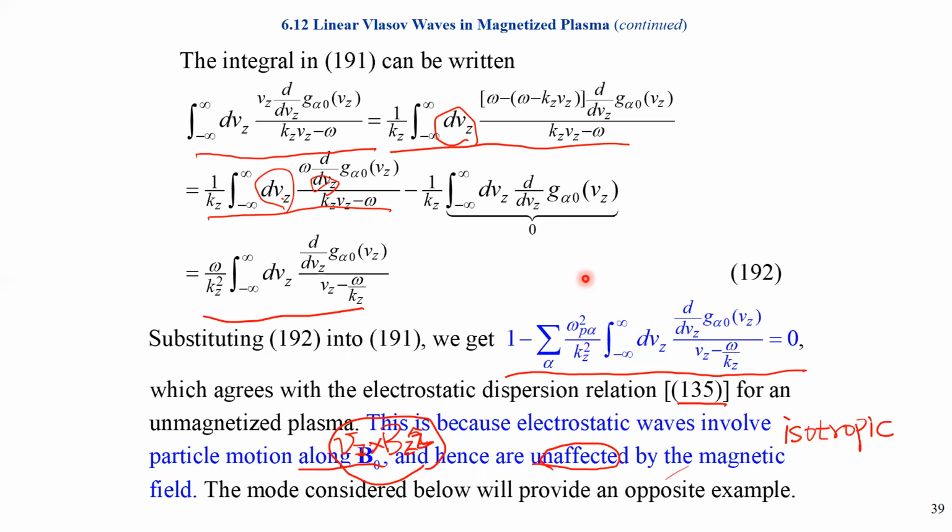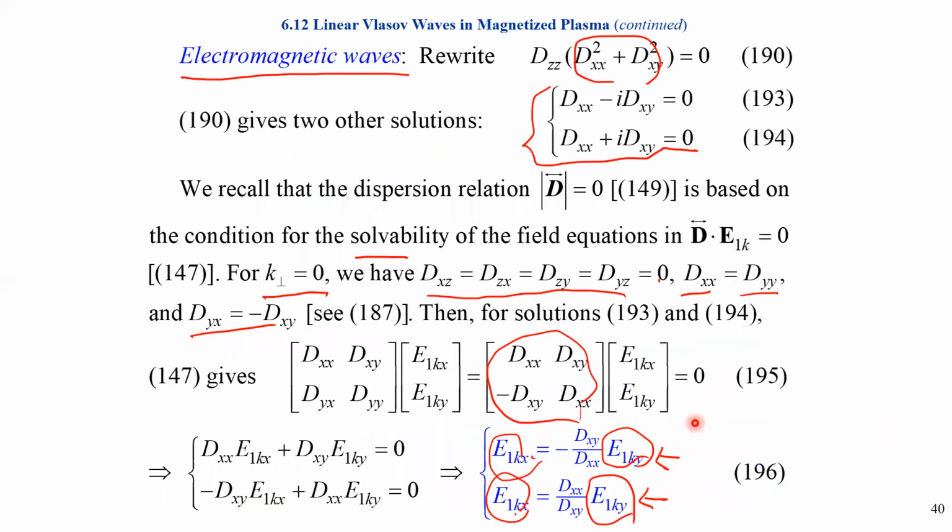That's electrostatic wave, which agrees with electrostatic dispersion relations for an unmagnetized plasma. It's not surprising the magnetic field plays no role here because of this one. Okay, so for electrostatic wave with magnetic field or without magnetic field, the dispersion relation is the same.